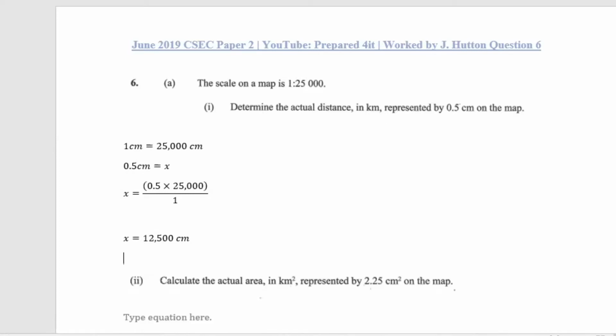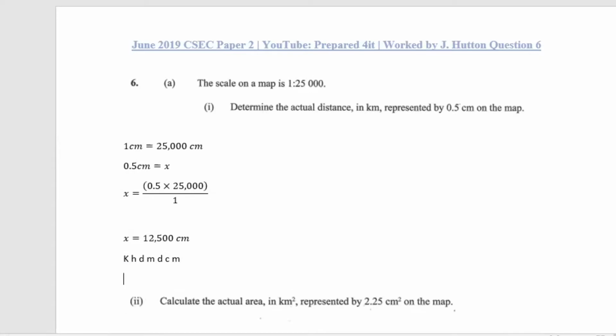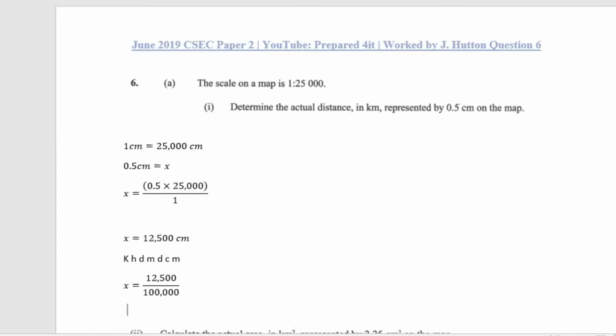Now, if you remember your mnemonic, kick him down, man, don't commit murder, then moving from centimeters to kilometers means dividing by 100,000. So x is equal to 12,500 divided by 100,000.